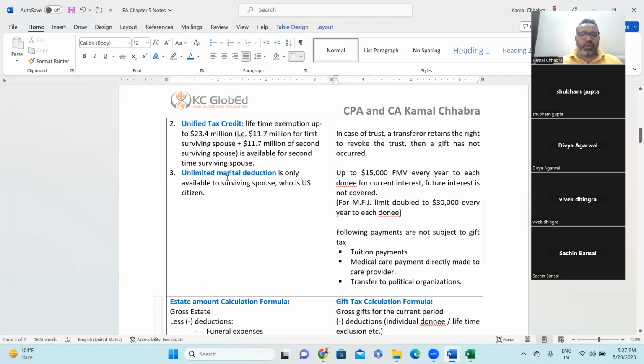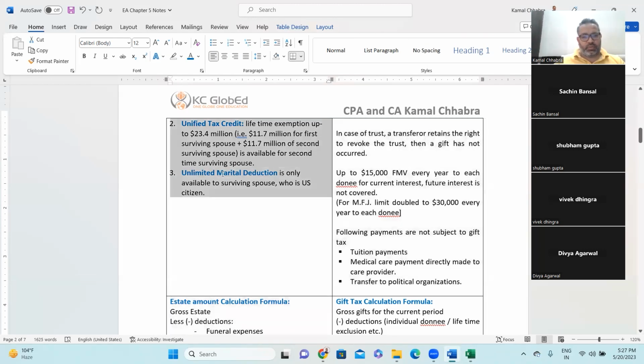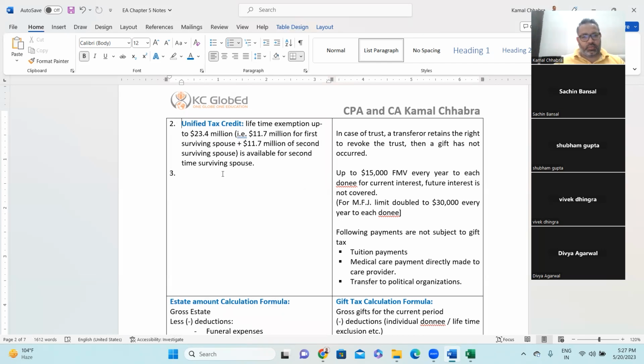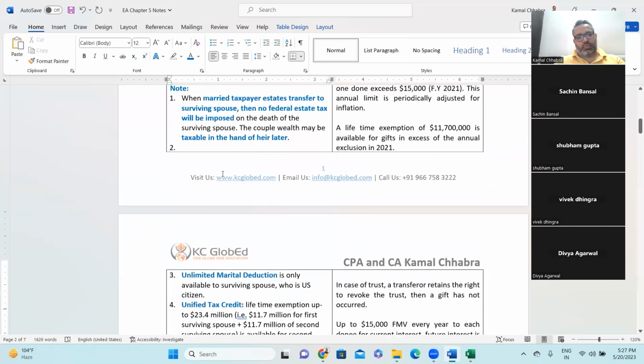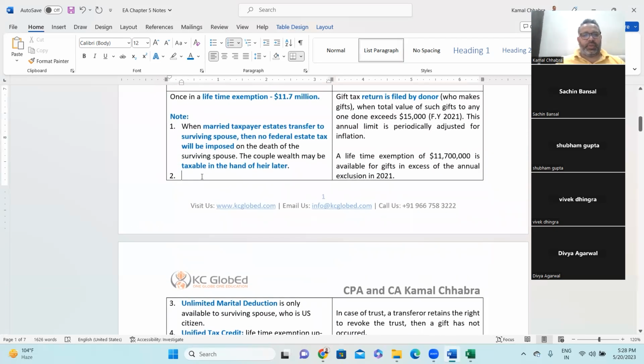Sachin? Okay. So next one is unlimited marital deduction, which is only available for the surviving spouse who is a US citizen. If you remember the earlier example which we discussed, when a married taxpayer transfers things to the surviving spouse, in the hand of the surviving spouse, it's not taxable.